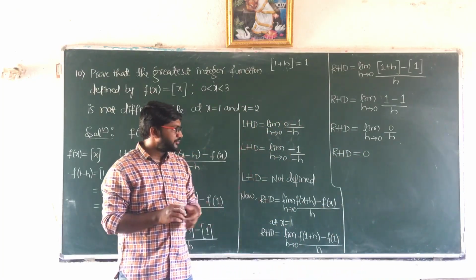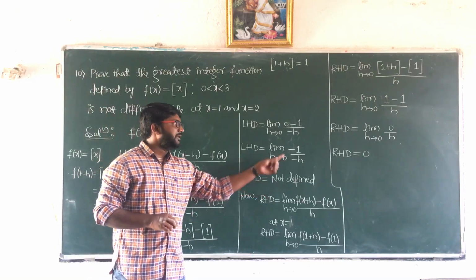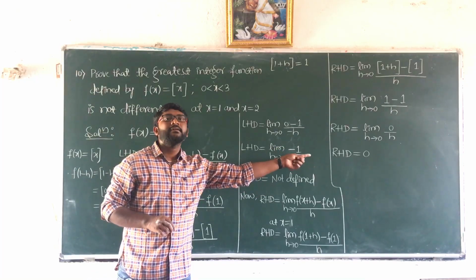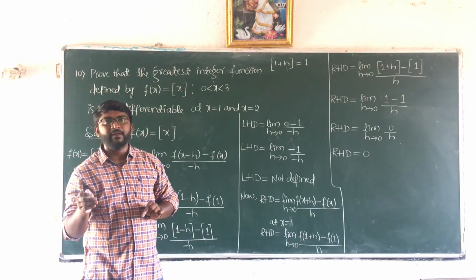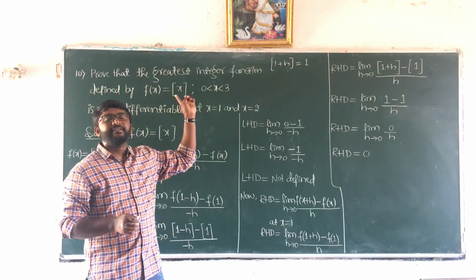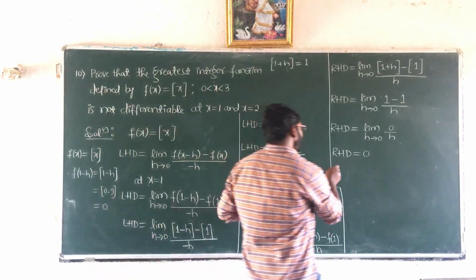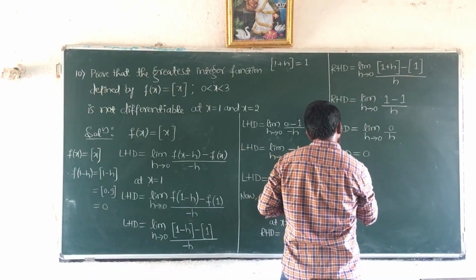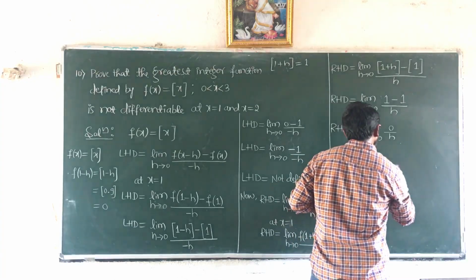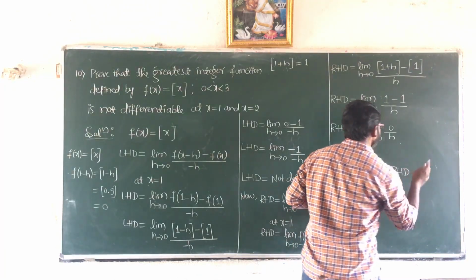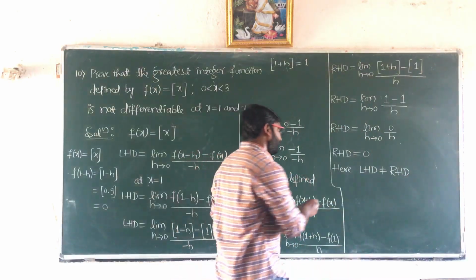So this clearly shows that the left hand derivative is not equal to the right hand derivative. Therefore the function is not differentiable at x equal to 1. The given function is greatest integer x. So I have to write here: LHD is not equal to RHD.